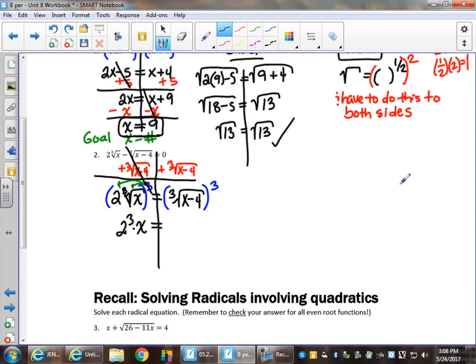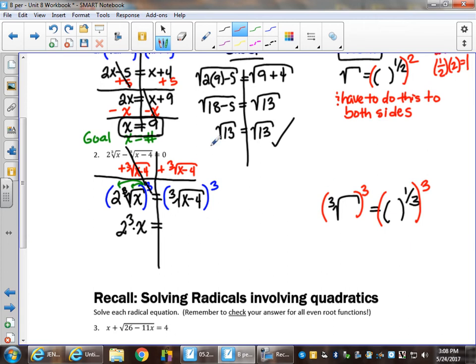If we apply that note to this question, third root is the same as raising something to the 1/3 power, which is where we were here. We had a third root on the left and a third root on the right. Well, if I want 1/3 to become a 1 as a power, I have to raise it to the third power, which is the same as raising this to the third power.